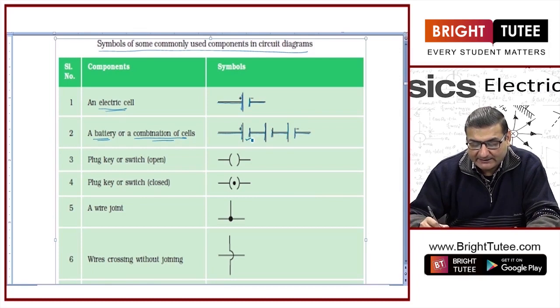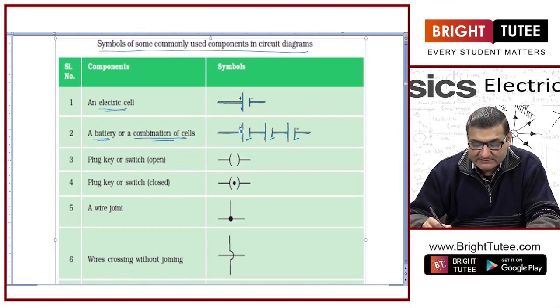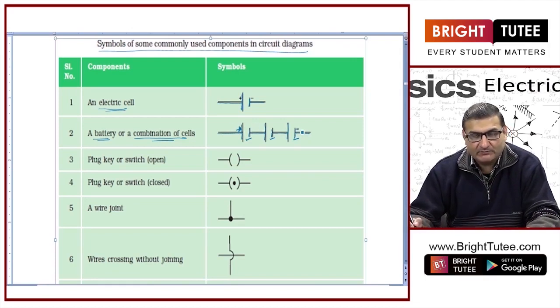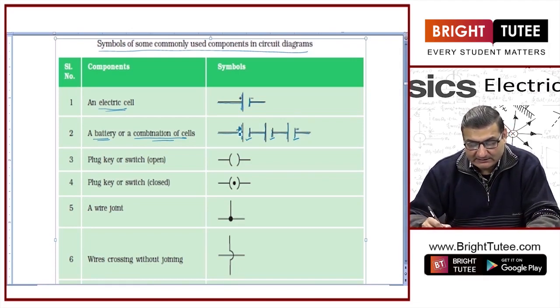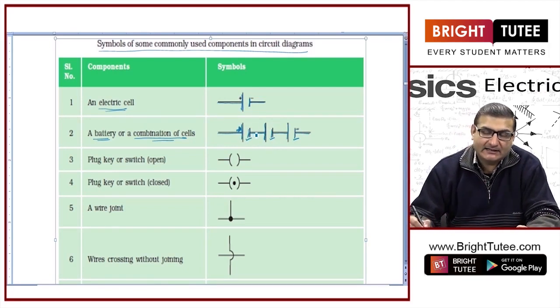So this is a battery of three cells. We just put a positive mark at one end and the negative at the other end, not plus minus in between. We need to remember that positive is connected with negative; we do not represent it in the opposite way.